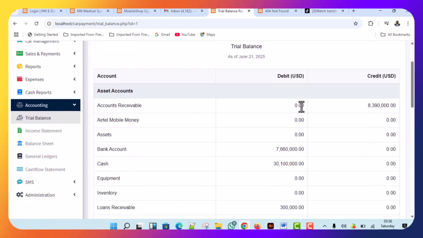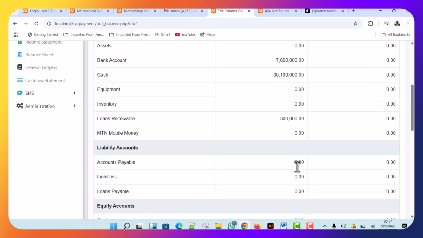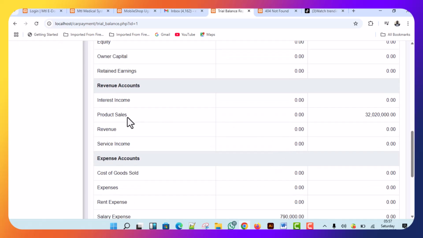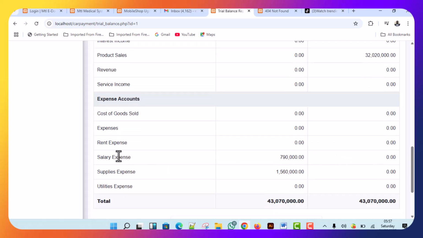You can see it shows you the amount, in UGX. Accounts receivable, amount, mobile money, assets, bank account. You can see 7 million on the bank account, cash on this, loan receivable, product sales, whatever you have been selling, salary expenses, the supply expenses.